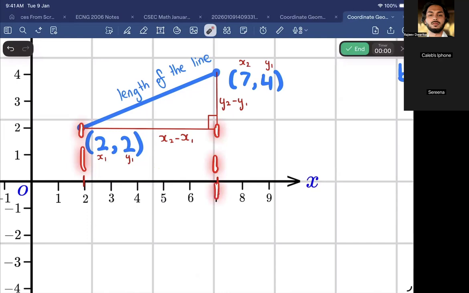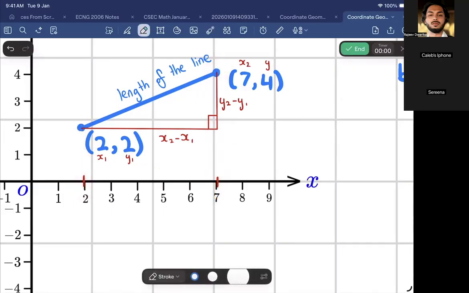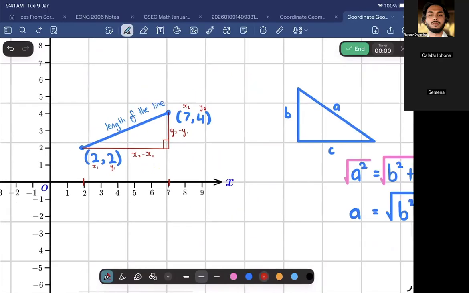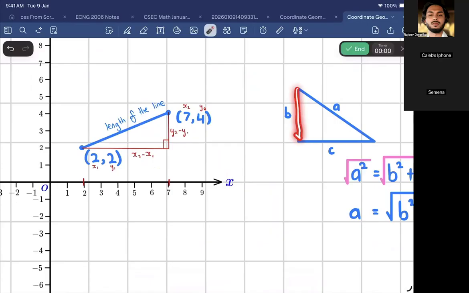In this case, it would be 7 minus 2. And over here, that would have to be y2 minus y1. Wait, I labeled it badly. This was to be y2. 4 minus 2. Exactly, 4 minus 2. Excellent. So you could see that this comes like B, and this comes like C.